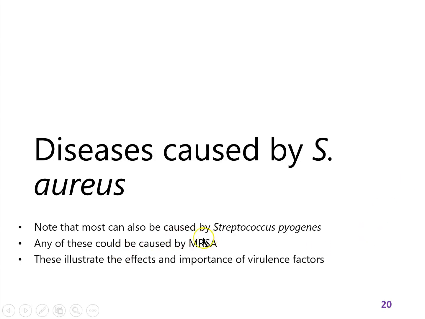Another point is that Staphylococcus aureus is the SA in MRSA, and any disease caused by Staphylococcus aureus can be caused by a MRSA strain. A MRSA strain is just a strain of Staphylococcus aureus that has resistance to the newer penicillins like methicillin, and typically that means they have the mutant transpeptidase that makes them resistant to all beta-lactam antibiotics.